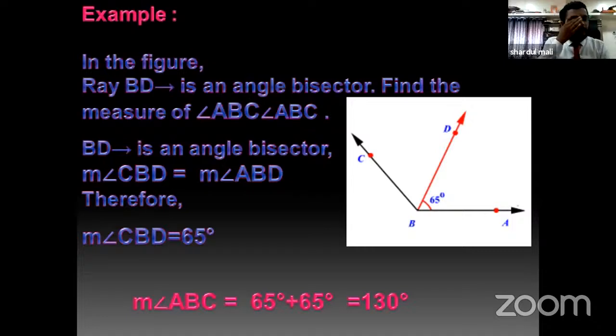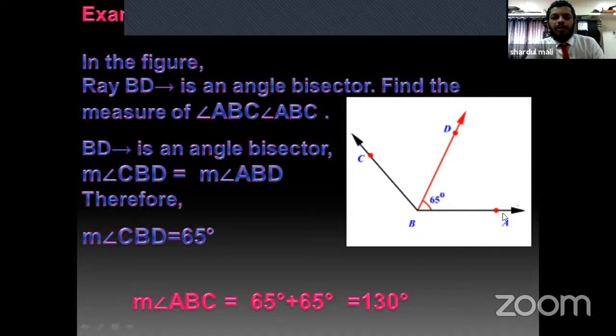Here in the diagram we can see that the measurement of angle DBA is 65 degrees, and we want to find out the measurement of angle DBC.